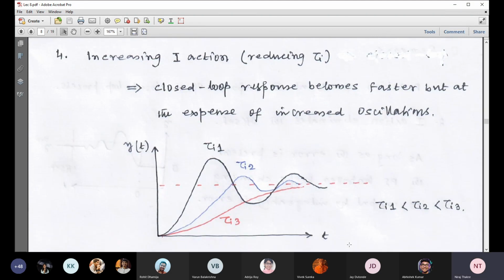This is the fourth point, you see. If we increase the integral action, we get a faster response, but at the expense of increased oscillations.